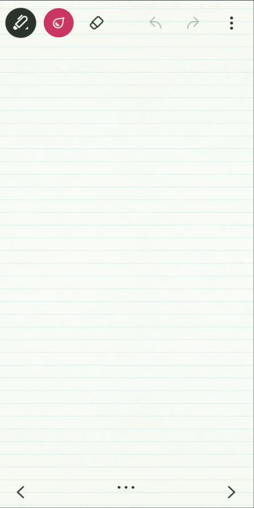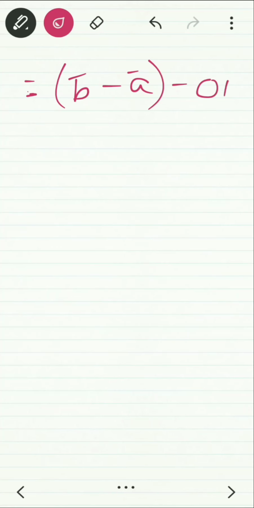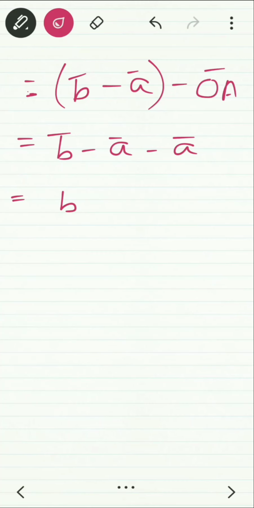So we have OE coming as B minus A minus OA bar, which is B minus A minus A, which is B minus 2A. Thus, we represent OE also in terms of A and B.